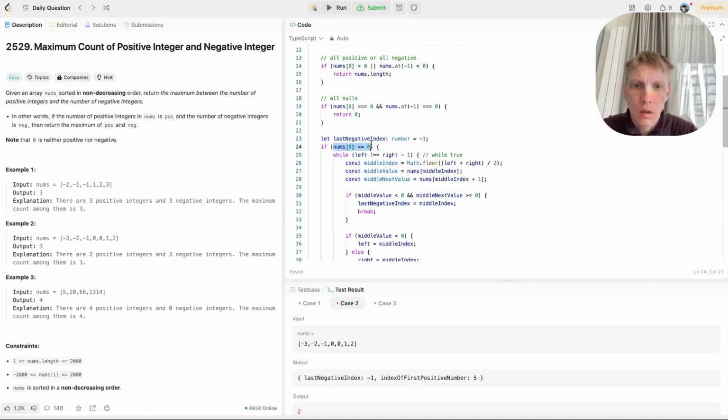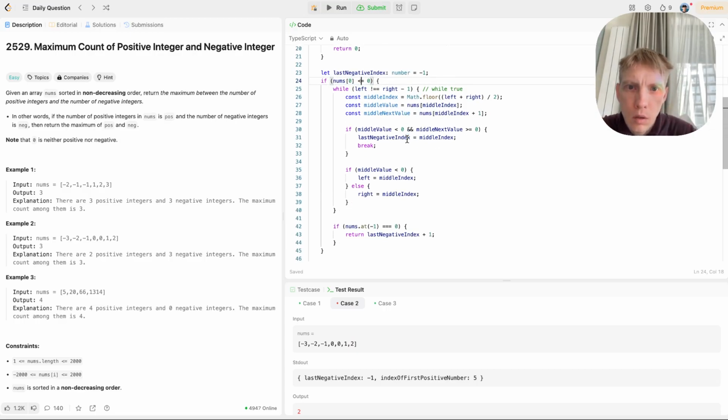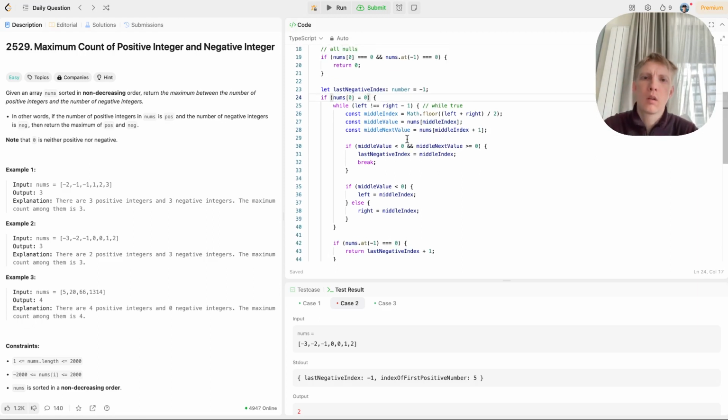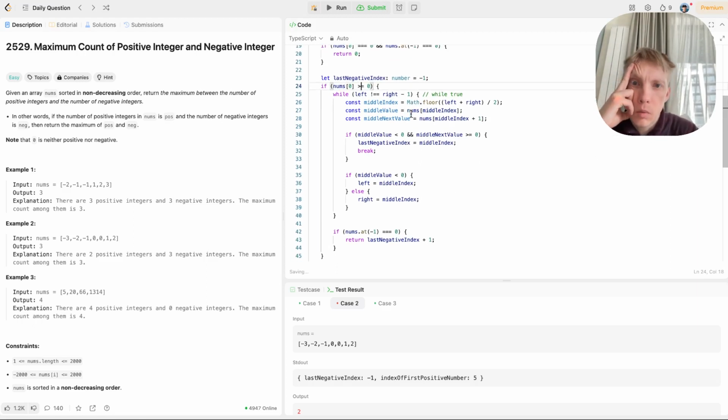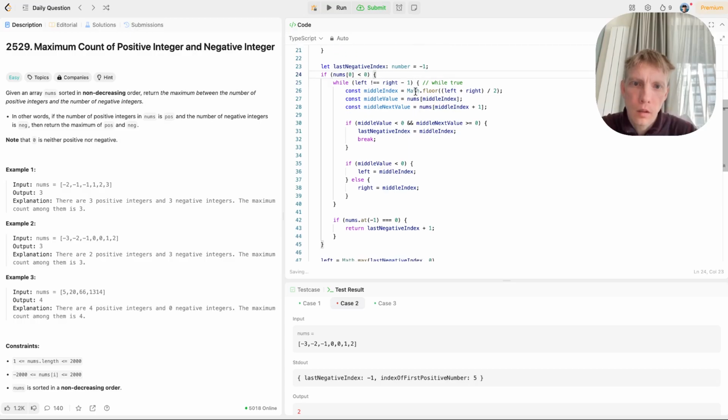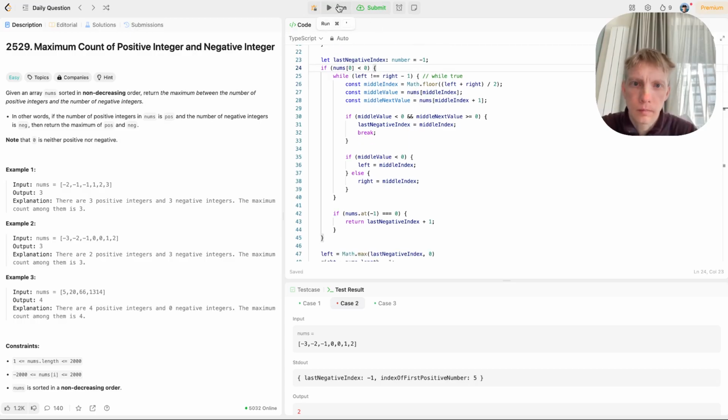Numbers are less than or equal to 0, well, let me remember what I meant here. Less than 0. Yeah. Here I have wrong condition.